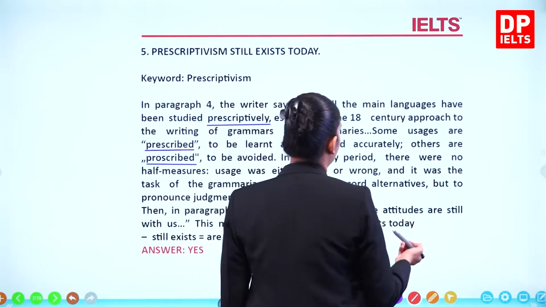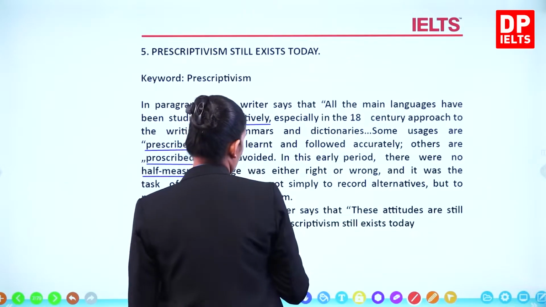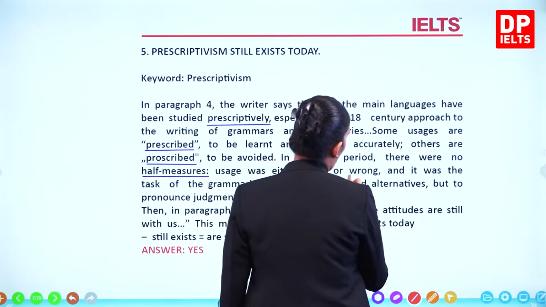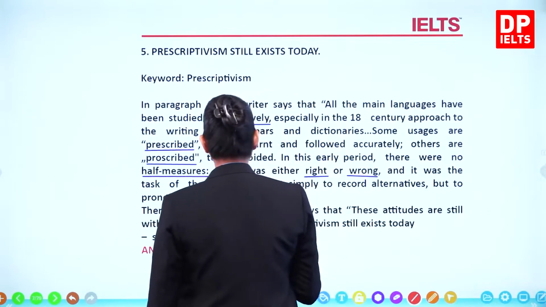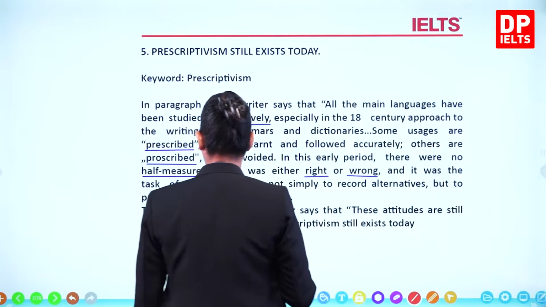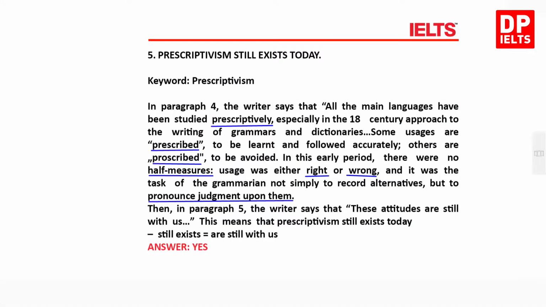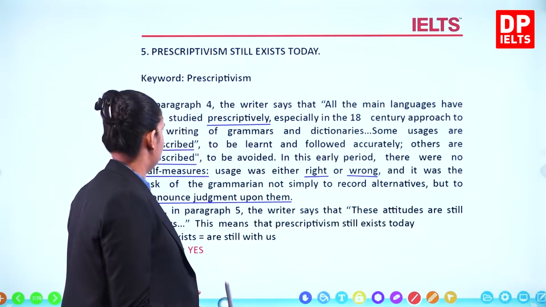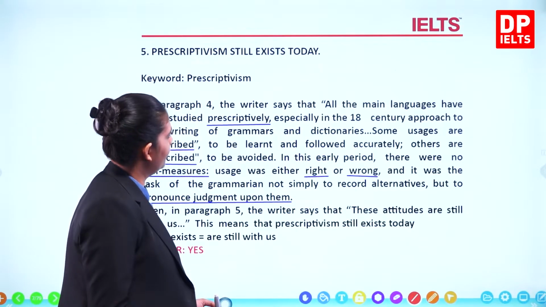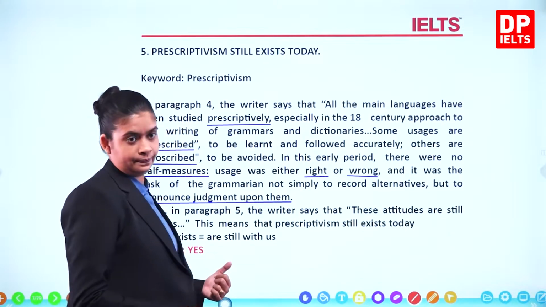In this early period, there were no half measures. Usage was either right or wrong, and it was the task of the grammarian not simply to record alternatives, but to pronounce judgment upon them. So what it means is, these attitudes are still with us, meaning it still exists today. So therefore, the answer would be true.